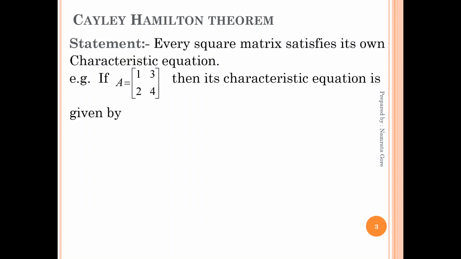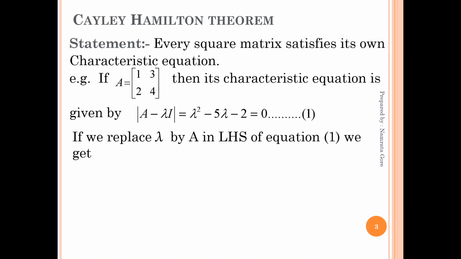Consider a matrix A, which is a 2 by 2 matrix. So this is a square matrix of order 2, for which the characteristic equation, that is determinant of A minus lambda I equal to 0, will be written as lambda square minus 5 lambda minus 2 equal to 0.